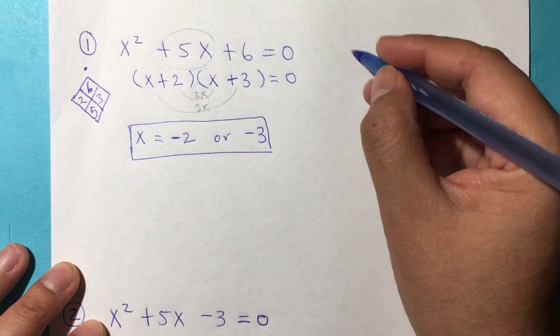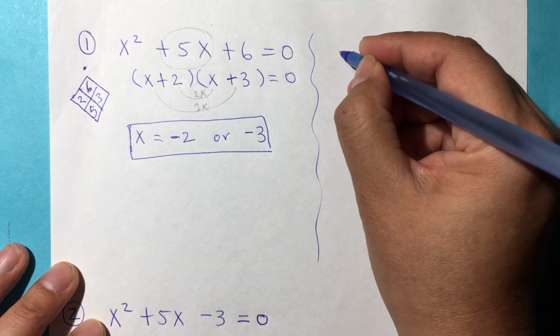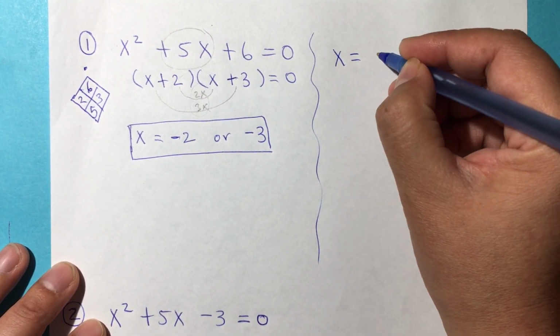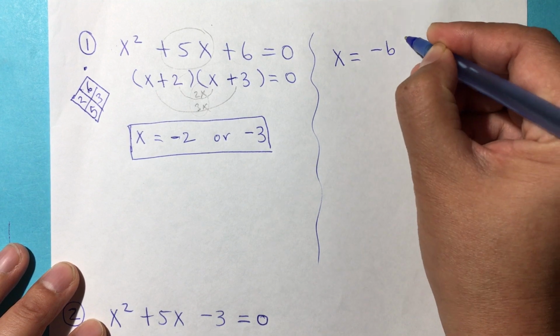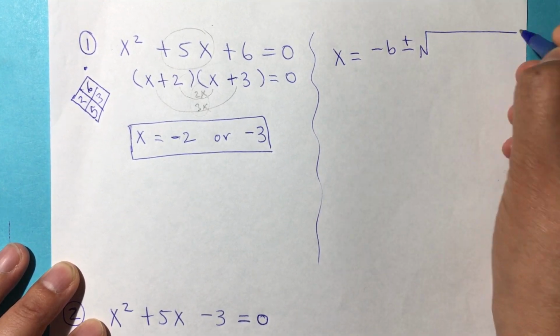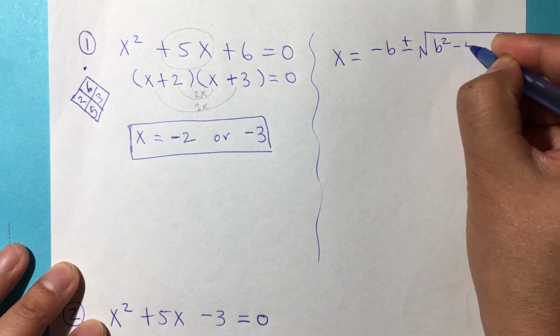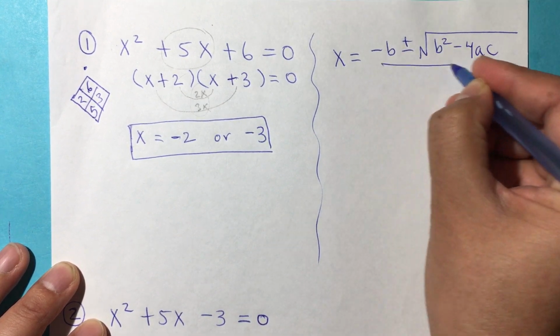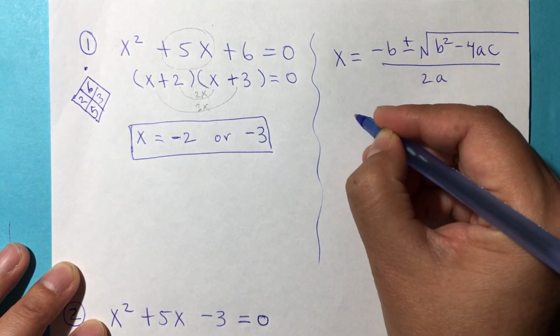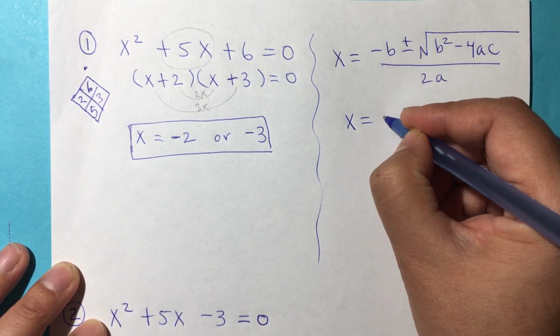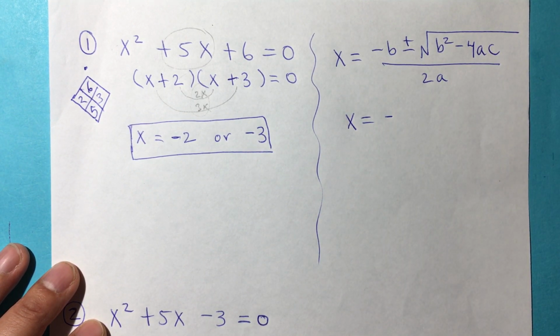But what if we use the formula? x is equal to negative b plus or minus the square root of b squared minus 4ac all over 2a. What is b?